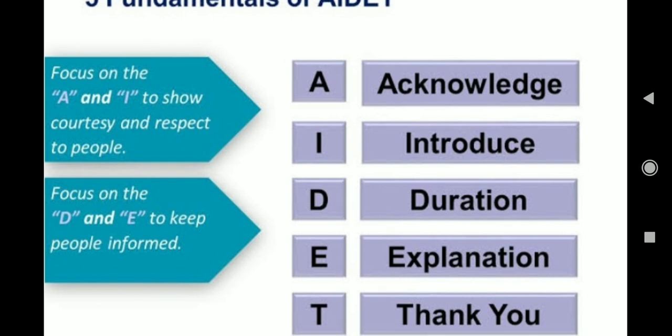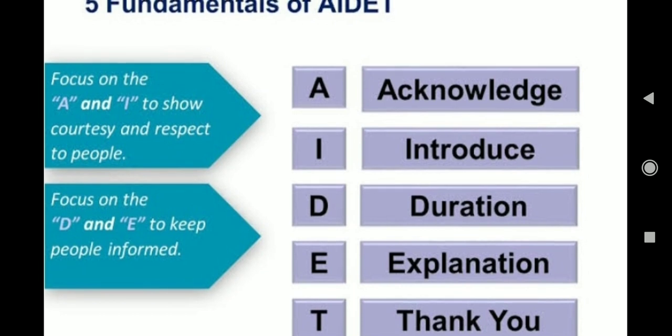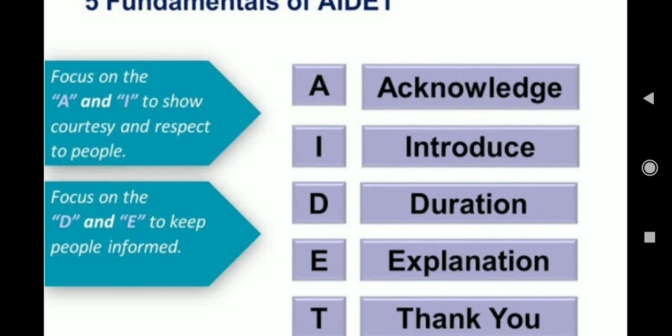E for explanation. Whenever you are telling a patient why a particular treatment is required, what the treatment options are, we should always explain to the patients the advantage and disadvantage of each technique, let it be medical or surgical. Especially surgical requires a greater degree of explanation, because the patient is anxious about the surgery.